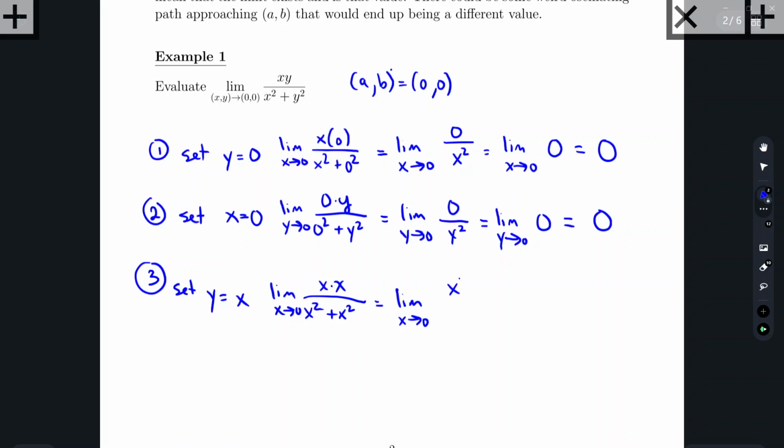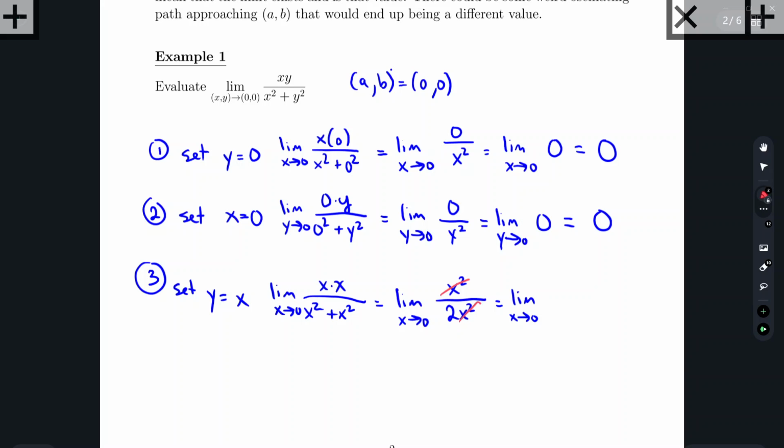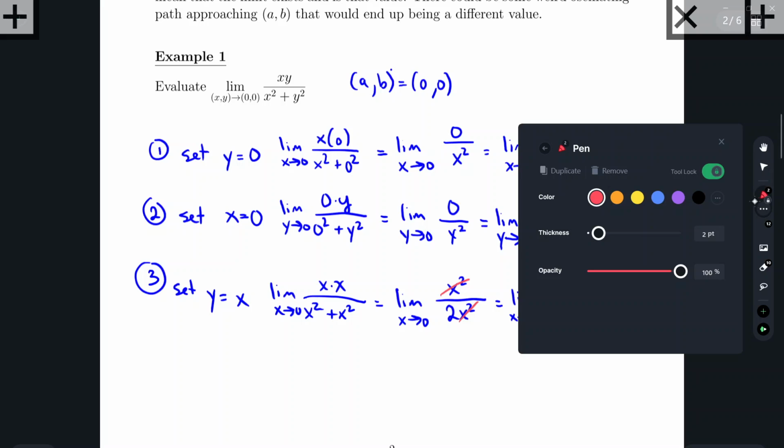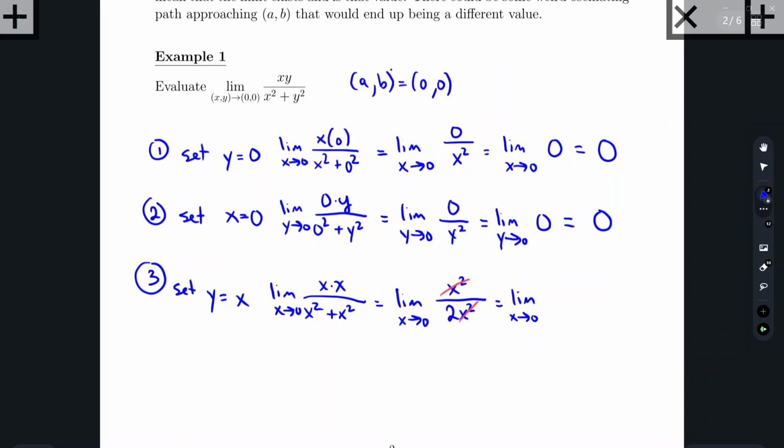So what do we have? x times x is x squared, plus x squared is 2x squared. Right, so always simplify as much as possible before calculating the limit at the very end. Right, so x squared over x squared, that cancels out. Right, so this cancels this. So we're just left with 1/2.